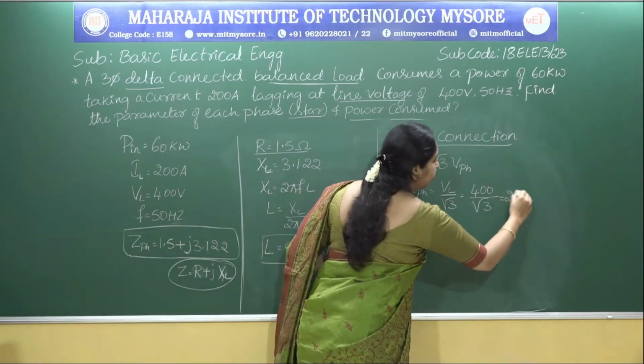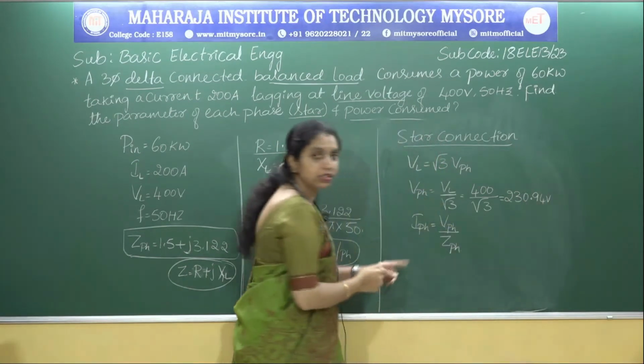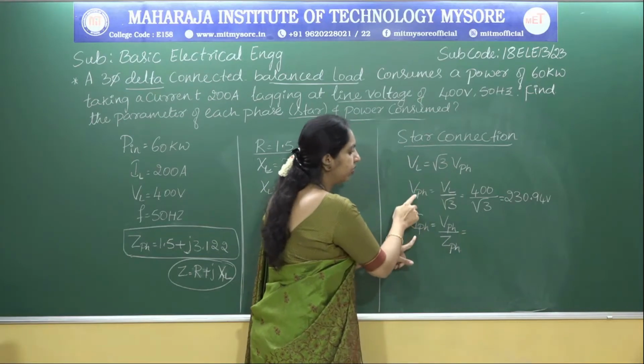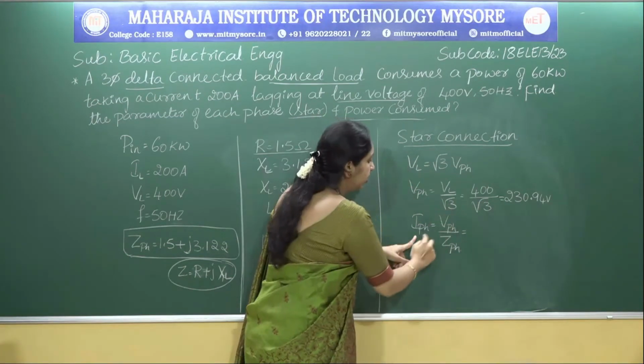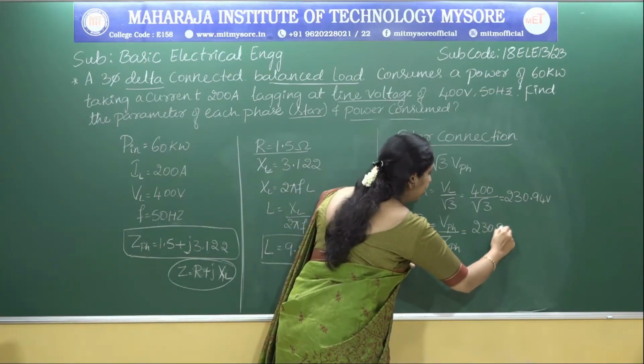VPH is equal to 230.94 volts, and we substitute here because we are talking about star connection, so we always need to find VPH using this VL. Once it is done, then substitute VPH, which is 230.94.